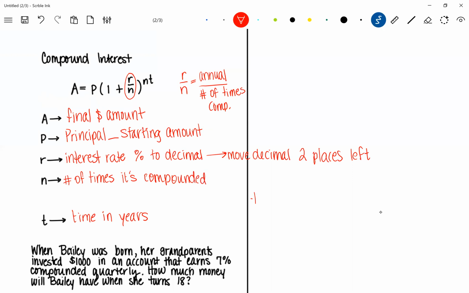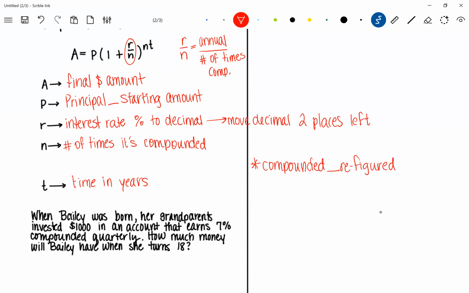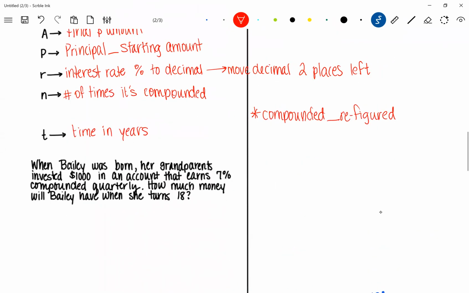And over here, you might want to write that compounded means it's refigured. Now, most of the time, it's not going to say compounded 6 times or compounded 4 times. It's going to give you some words that you have to distinguish.